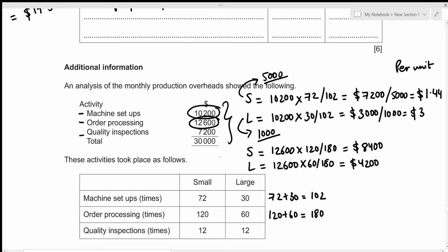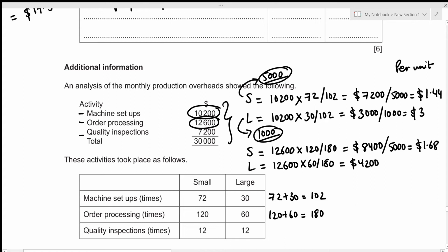Again, this relates to the total units of 5,000 for small and 1,000 for large, and we only enter our per unit cost. So let's figure out our per unit by dividing the total cost by their respective total units. For small, the total cost is 8,400 divided by the total units of 5,000. So this results in the per unit cost of 1.68.